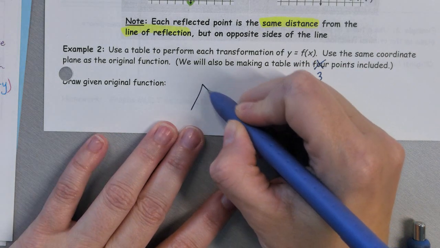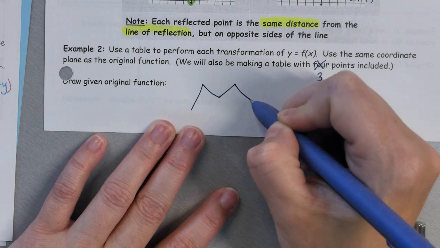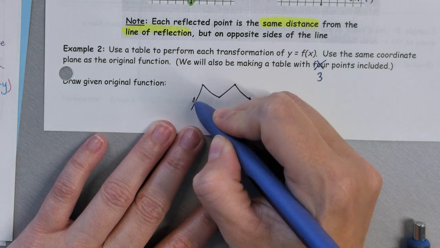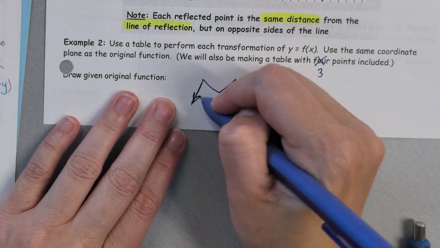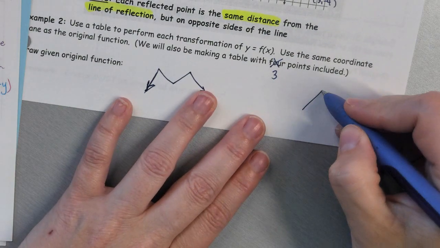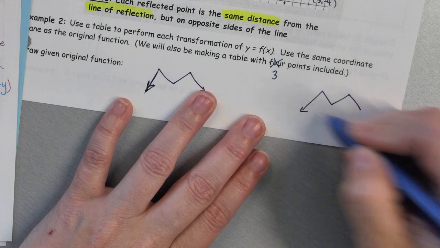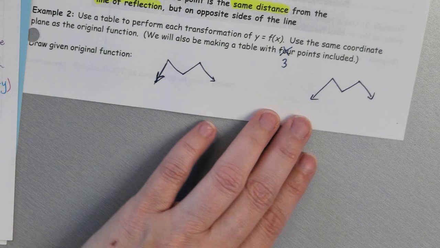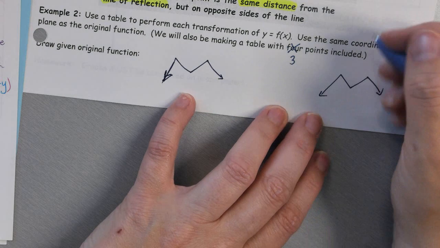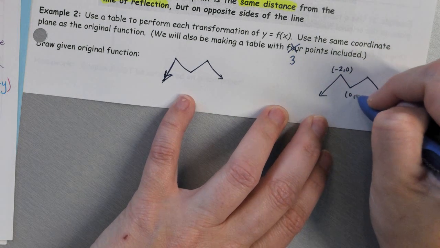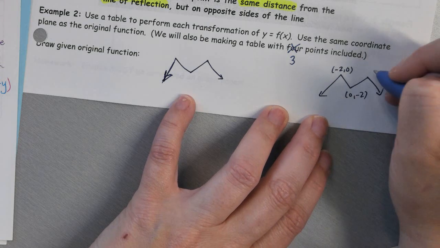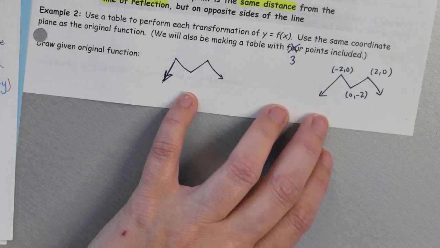So I'm just going to give you the general outline of the original function. It looks like this, okay? And your points are going to be -2, 0, 0, -2, and then 2, 0.